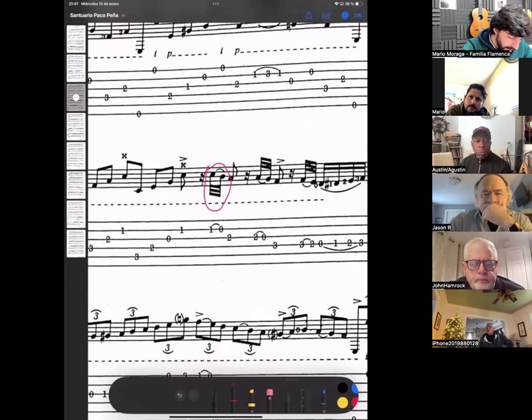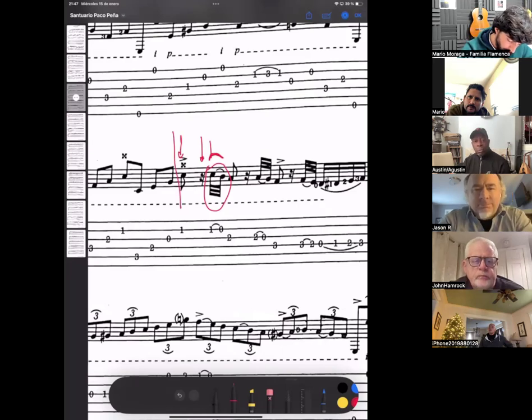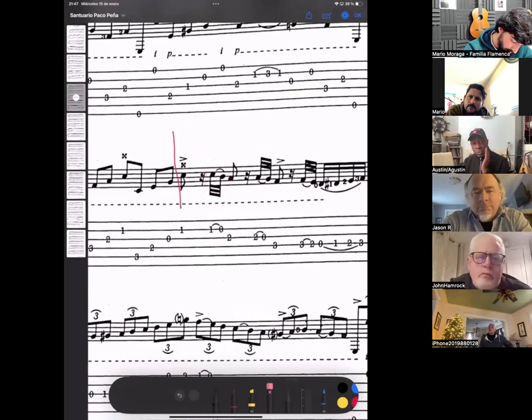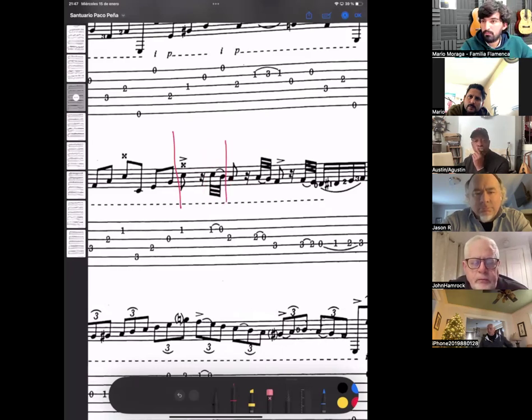So that's an 8th note, that's a 16th note silence, and those are two 32nds. That is a full beat.